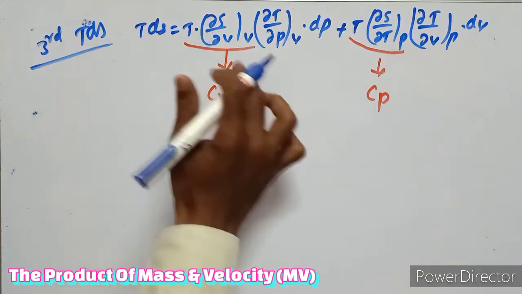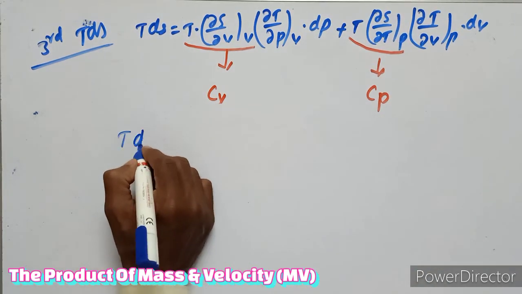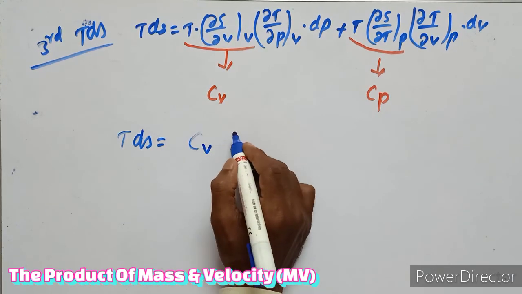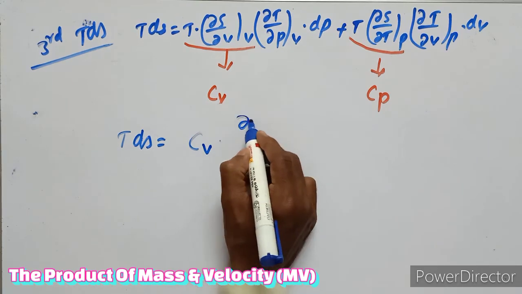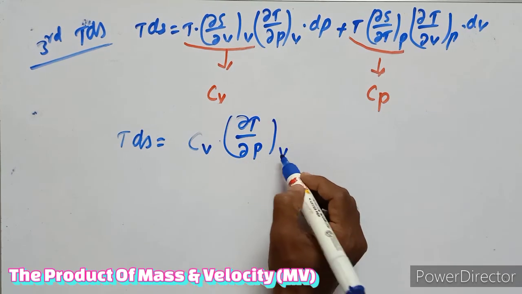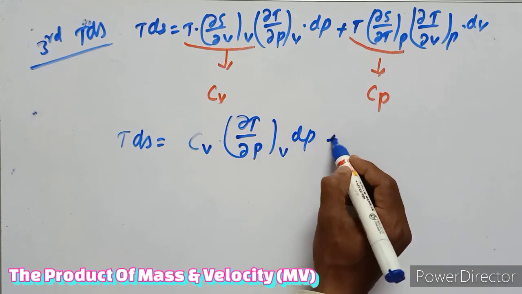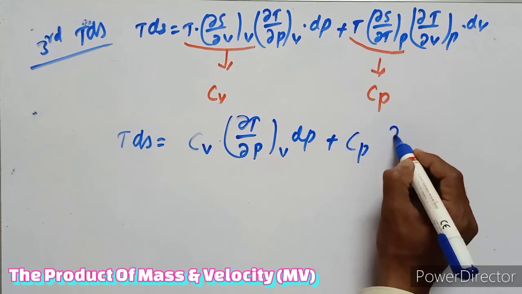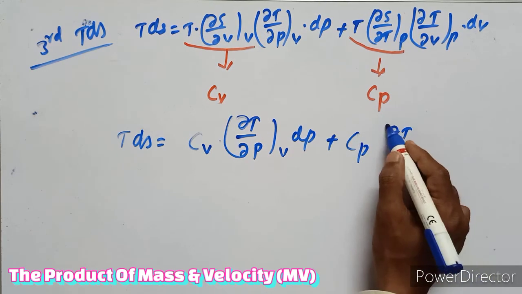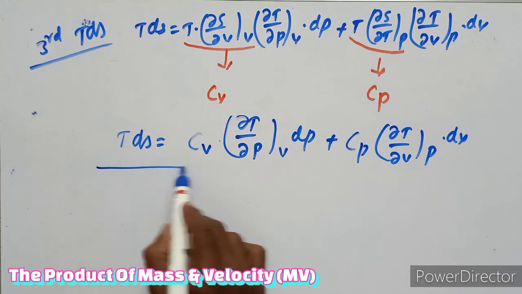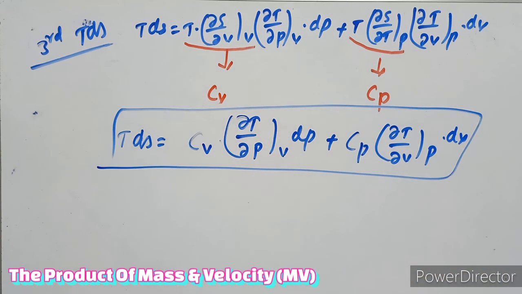So this equation can be written as Tds equals Cv into dou t upon dou p at v into dp plus Cp into dou t upon dou v at p into dv. This is the third Tds equation.